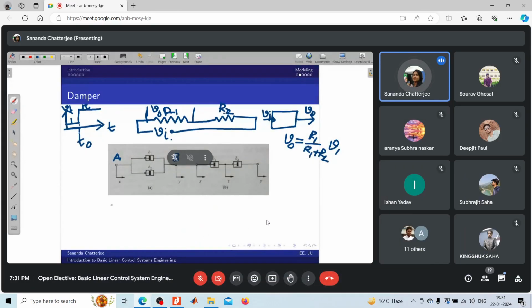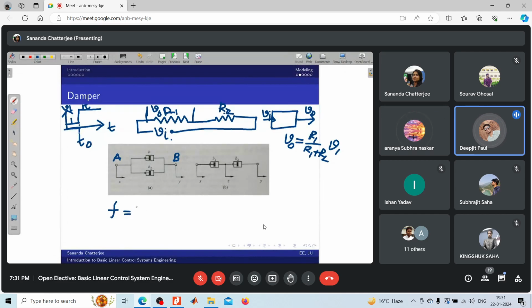So what will be the force to velocity relationship? Force is equal to C into V dot, right? Into x dot minus y dot. Yes, ma'am, it is equal to a constant into x dot minus y dot.